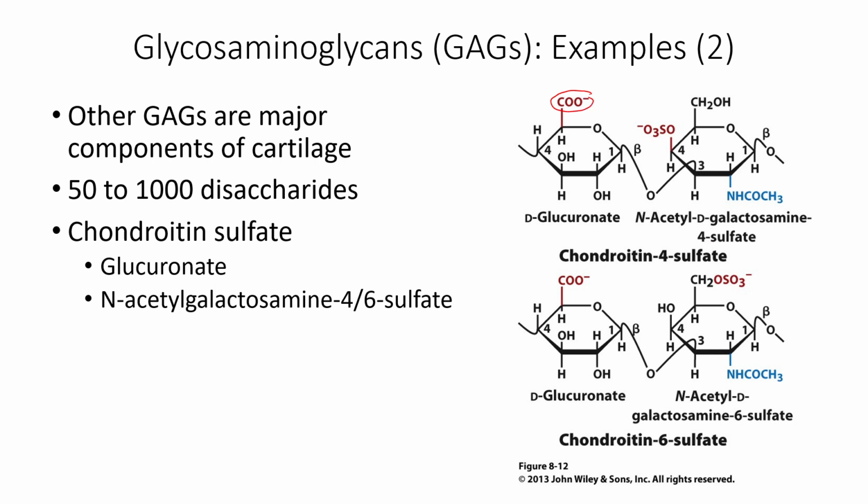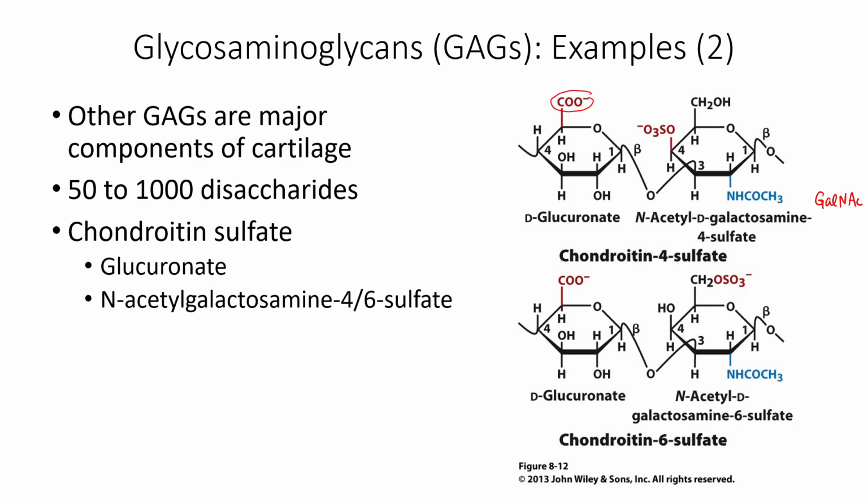We start out with glucose, and we have that oxidation of carbon 6 to the uronic acid, making our glucuronate. On the right, we have N-acetylgalactosamine. Before we had glucosamine, now we have galactosamine, abbreviated GalNAc.